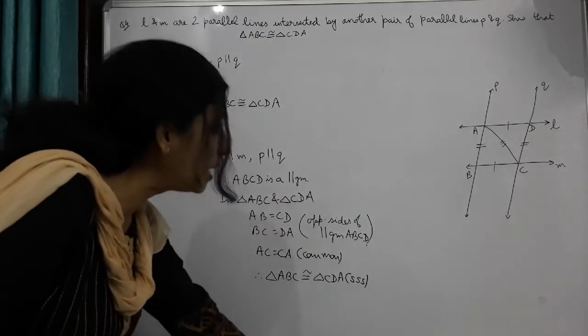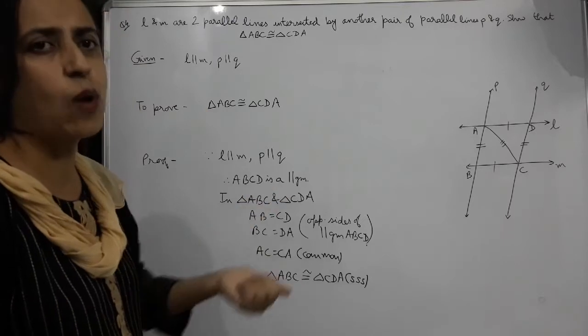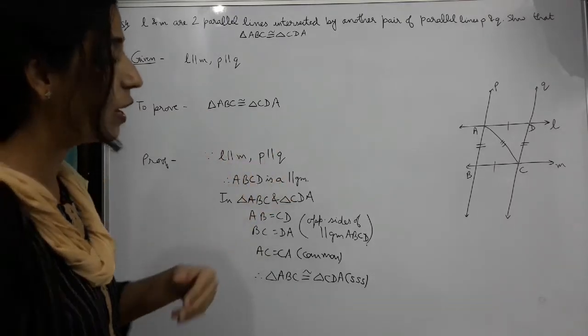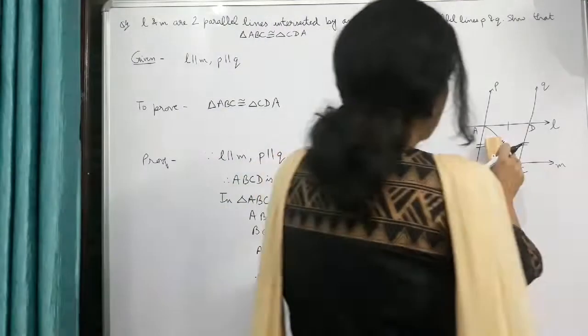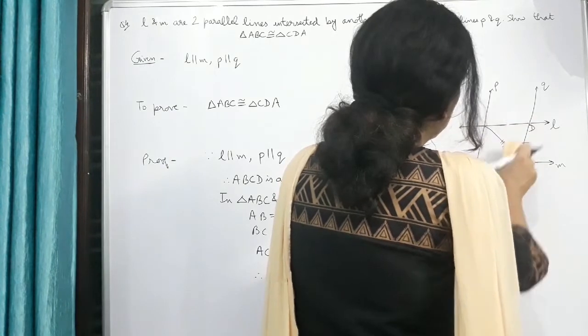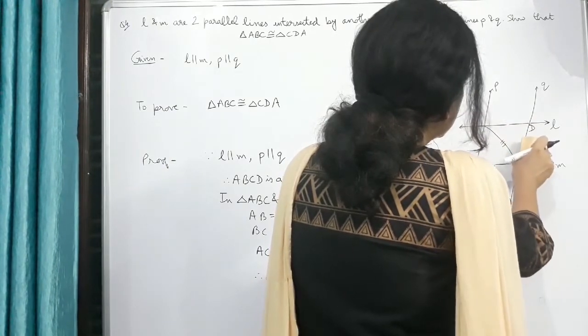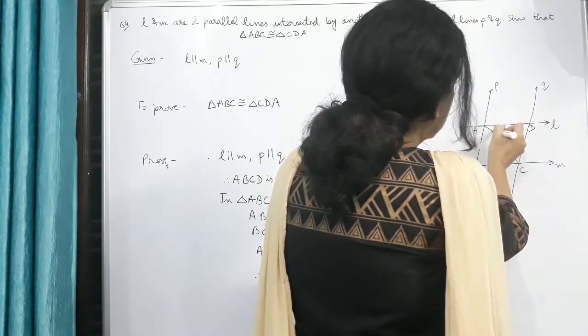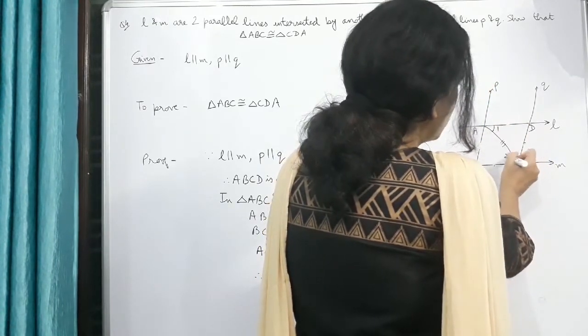Now remember, in maths there is not only one method, there can be many more methods to prove it. You can also prove it by this method. You can see over here in both these triangles, since these are parallel lines, definitely this angle 1 would be equal to angle 2.